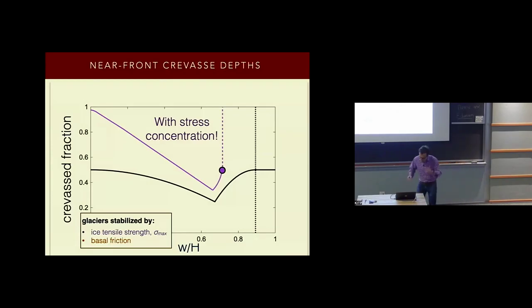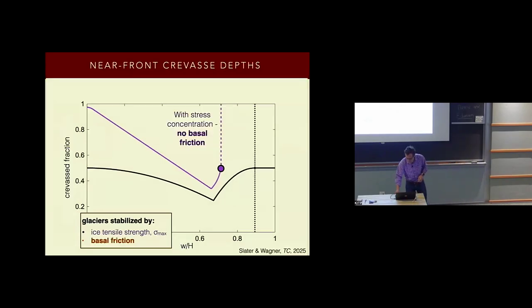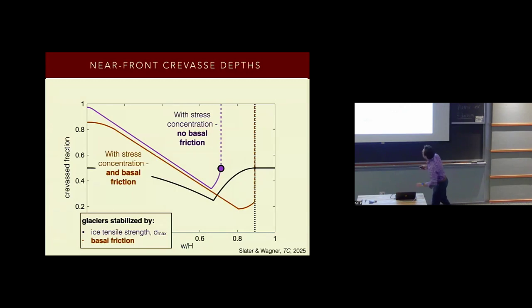So I can stabilize that further by saying there's basal friction helping my glacier. This is the plot with basal friction. And then you get to this point where you instigate the basal crevasses, and then you make it all the way to flotation. Obviously, once you start floating, you lose the stabilizing effect from the basal crevasse, and you calve. So in this case, you calve at flotation.